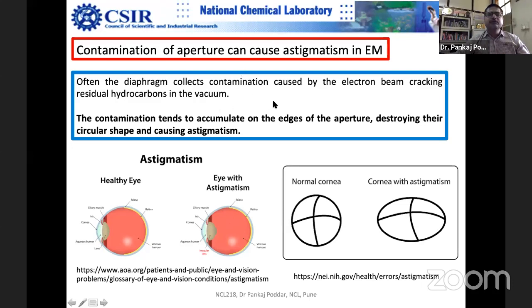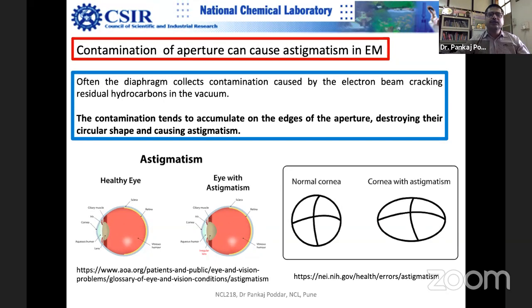So contamination can affect the homogeneity of the electron beam, as I was mentioning. In our eyes also, we have astigmatism. Most of the time when kids get glasses at a young age, it is usually astigmatism.